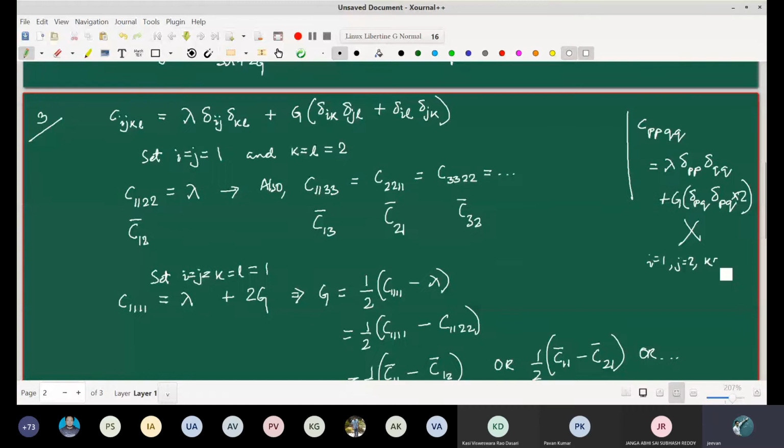Let's see this term: i equal to 1, k equal to 2, so that vanishes. And i equal to 1, l equal to 1, that remains; j equal to 2, k equal to 2, that remains. So we'll definitely have G equal to C1221, as Arivoli has written. That is perfectly all right. Very good.